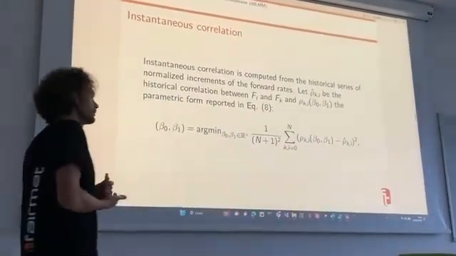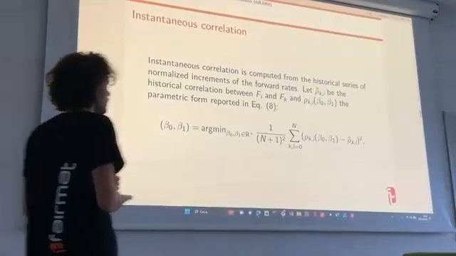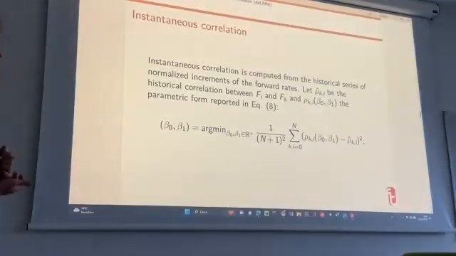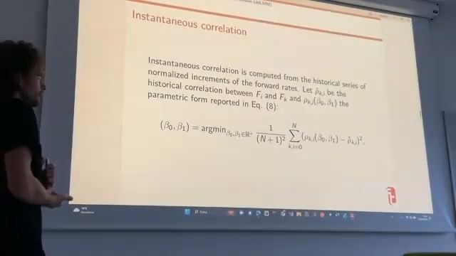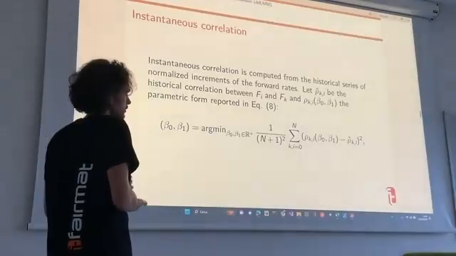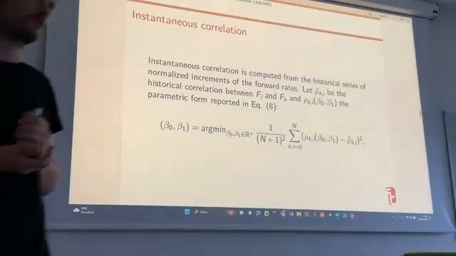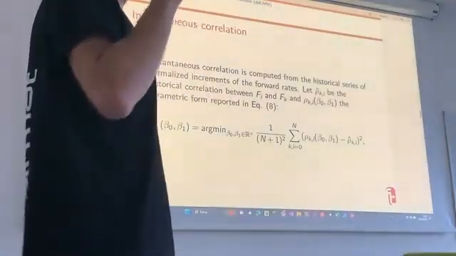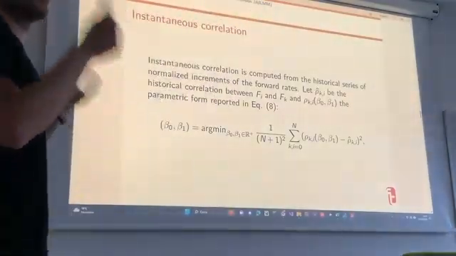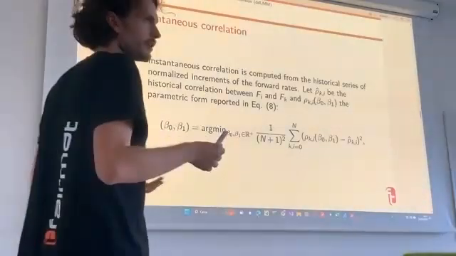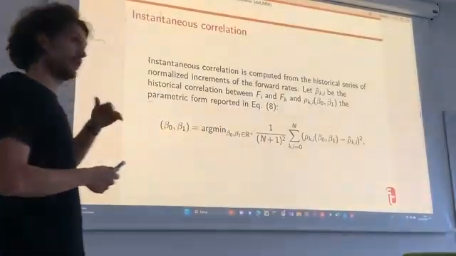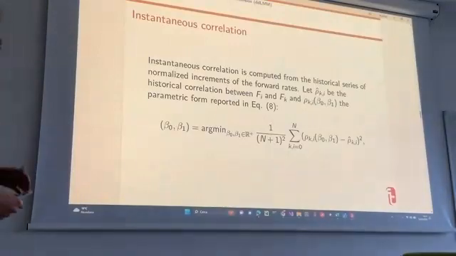In order to have beta 0 and beta 1, what we have to do is to collect a historical series of forward rates. So you have a curve, let's say bond prices, then you compute your forward rates, and you get a historical series of forward rates.